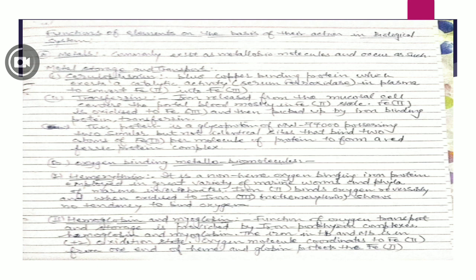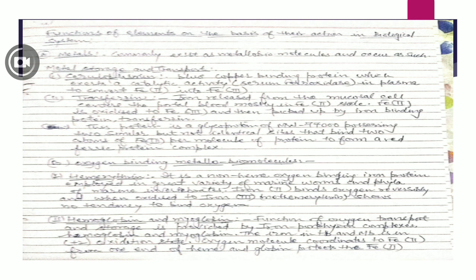As we know, there are different types of oxygen carrier metallo-biomolecules, that is hemerythrin, hemoglobin, myoglobin, and hemocyanin. These are the important metallo-biomolecules used as oxygen carriers.